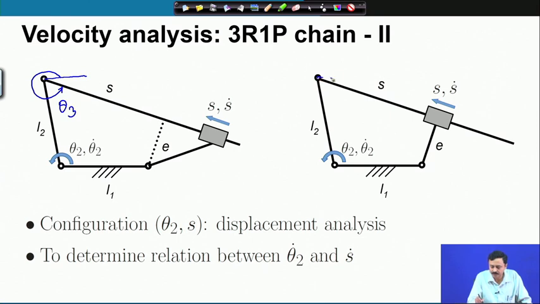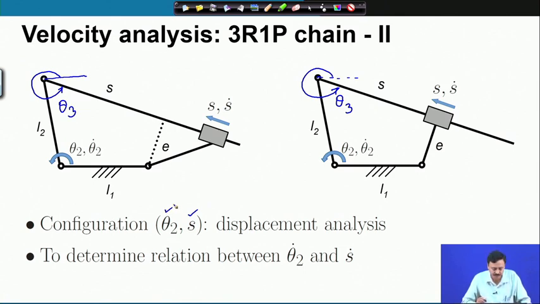So, given theta 2 I can find S as well as theta 3 using displacement analysis, or I might be specified S, and then I can also find theta 2 and theta 3.